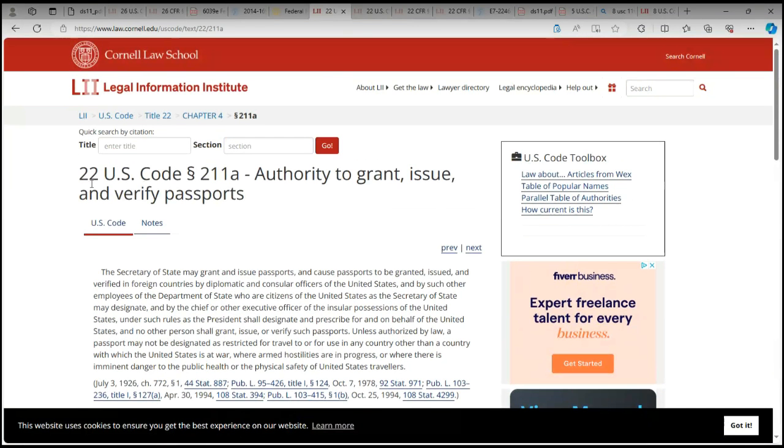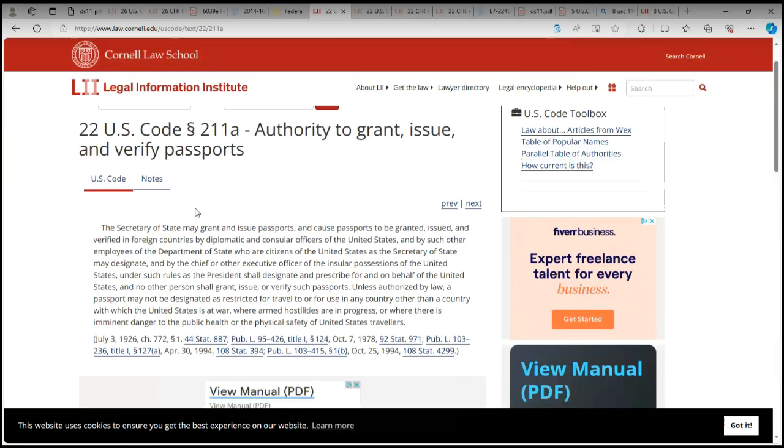Right here. 22 U.S. Code 211A, authority to grant, issue, and verify passports.